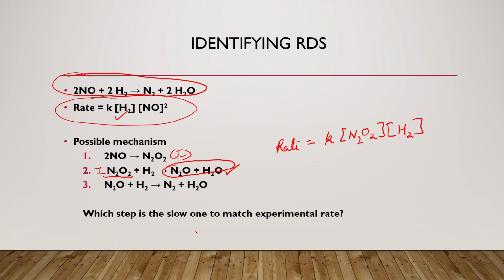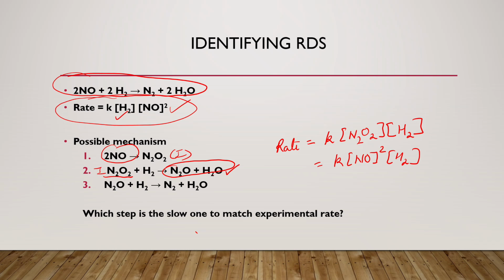But since intermediates don't appear in the rate equation, we replace N2O2 with what it was made from. So it was made from two molecules of NO. So we can write it as K times molar concentration of NO raised to the power 2 times H2, which is exactly what the rate equation is.